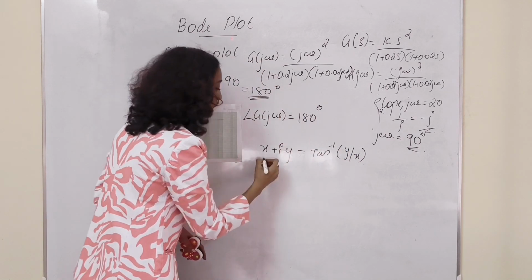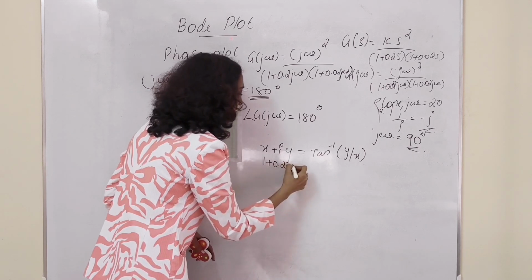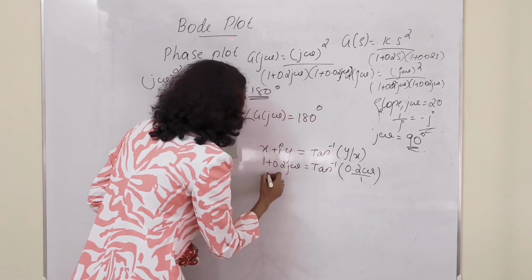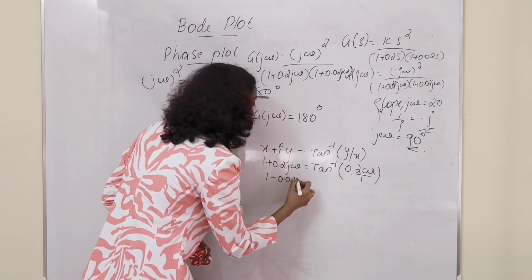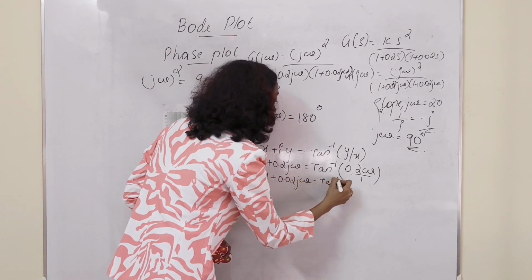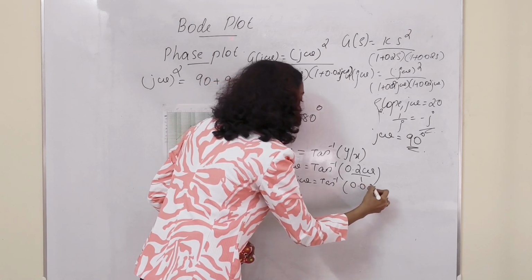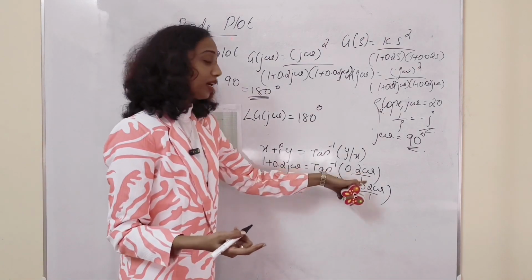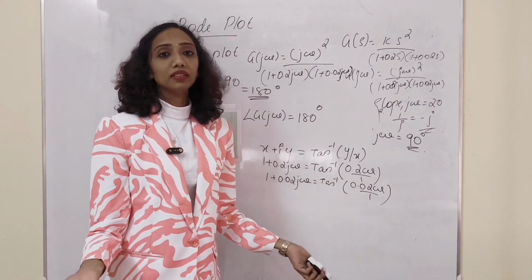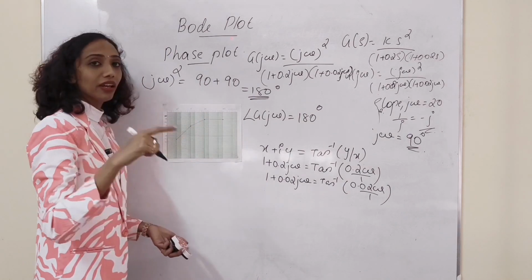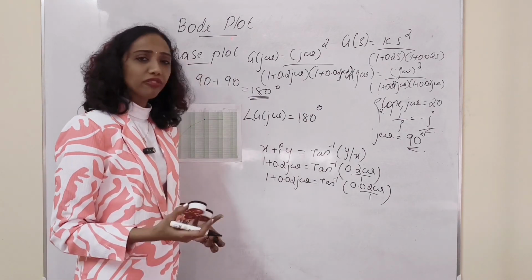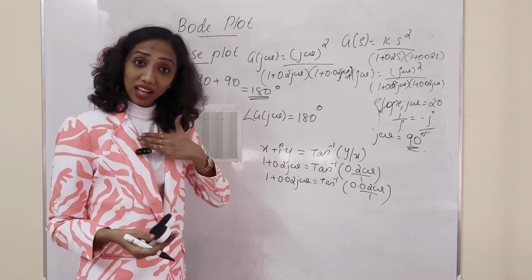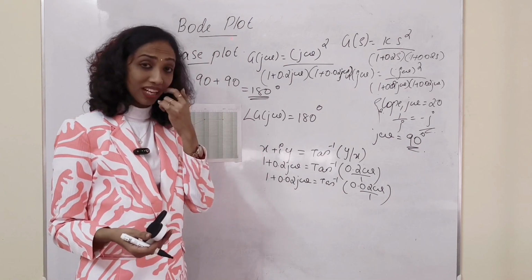So in the case of 1 plus 0.2 j omega, you substitute tan inverse 0.2 omega by 1, and in the case of 1 plus 0.02 j omega, you use tan inverse 0.02 omega by 1. Then what are the values of omega? You can assign any numbers from 0.5 to 100. 0.5 is the lower frequency we choose, and for the higher value I choose omega H equal to 100.